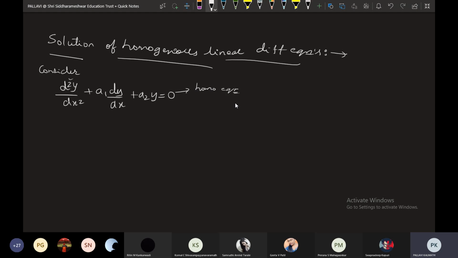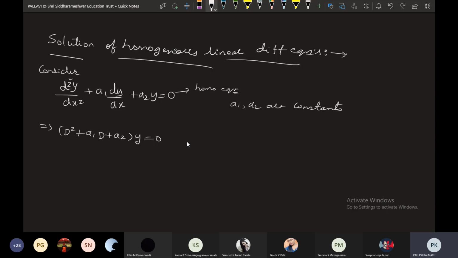Then what are these a1 and a2? Constants, right? So with this, again you can simplify by using the operators. So I can simplify it as D square plus a1 D plus a2 into y equals to 0. Is it clear? We have used the differential operator capital D, then taken y common.